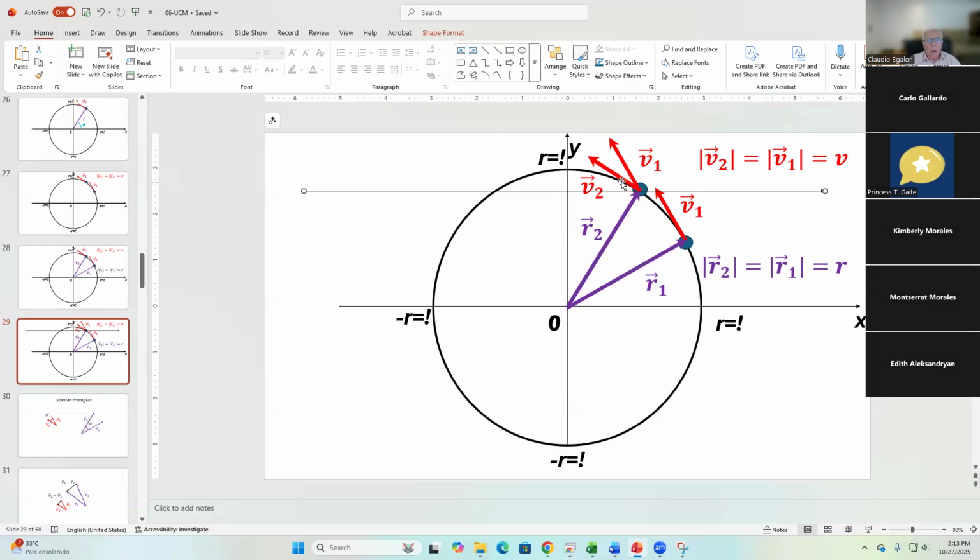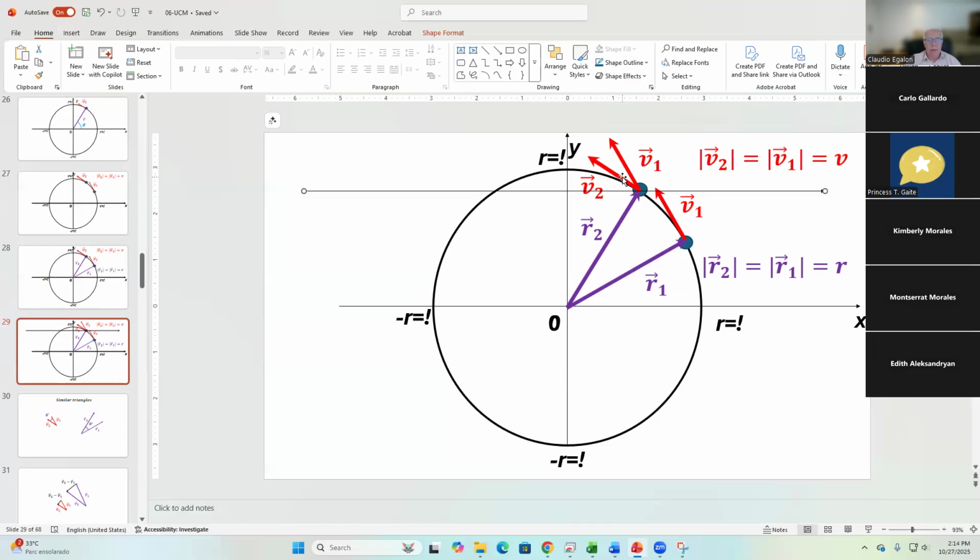Remember, this is V2. Consequently, the same angle that R2 rotates from R1 is going to be exactly the same angle that V2 rotates from V1, okay?